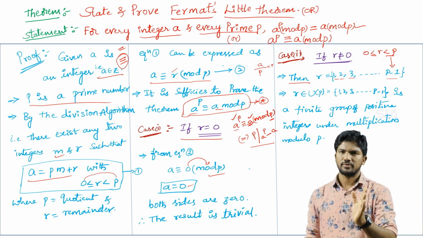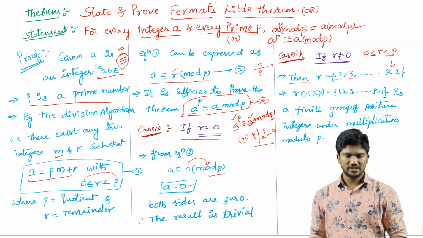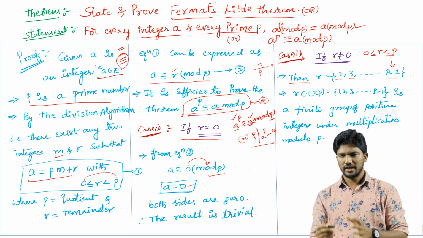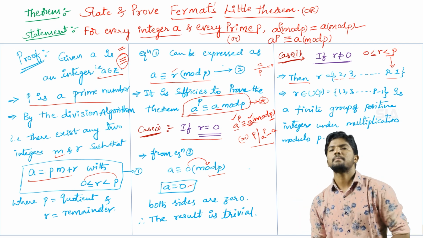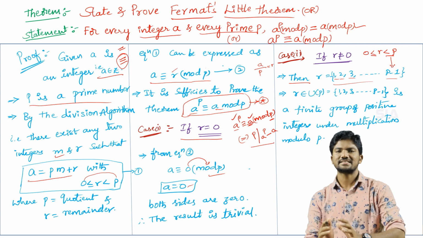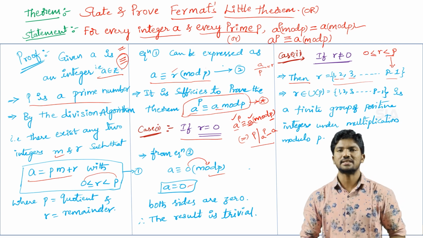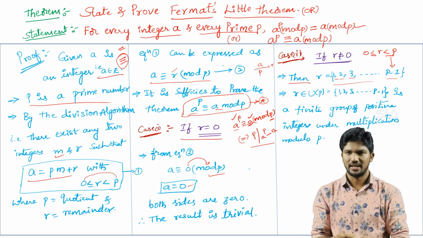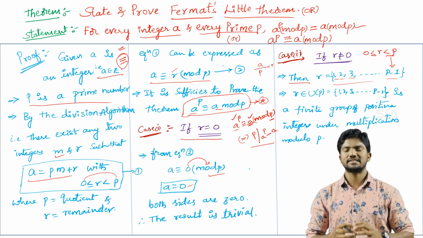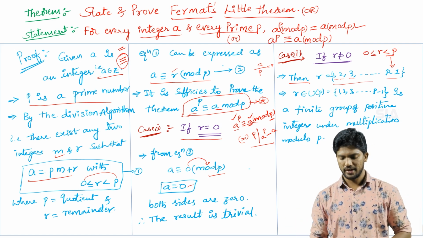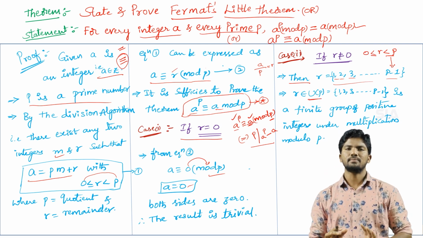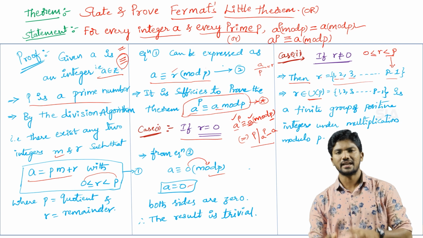Starting from 0, we got the trivial case. For not equal to 0, the next value is 1, up to p minus 1. If you observe carefully, we already discussed this set in previous lectures. It is the set of positive integers not exceeding the given number p, and it is a group of positive integers under multiplication modulo p. We write that group as U of p. Small r belongs to U of p, where small r is the remainder.